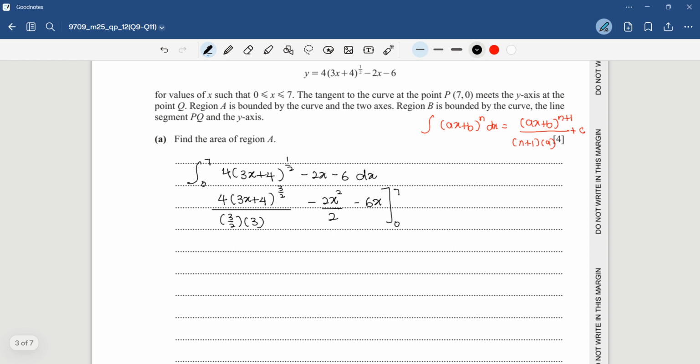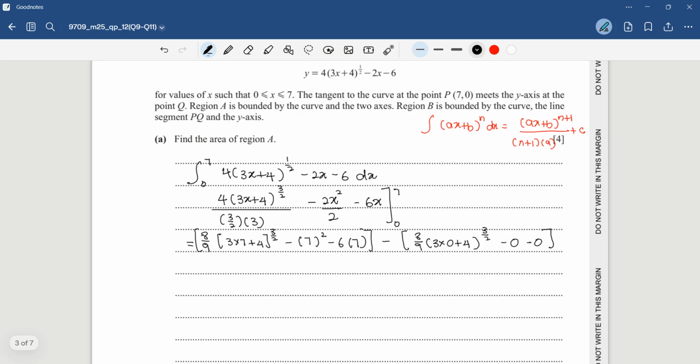Okay, so you sub in. We press this in the calculator, it will be 8 over 9 times (3 times 7 plus 4) to the power of 3 over 2, minus 7 squared, minus 6 times 7, minus 8 over 9 times (3 times 0 plus 4) to the power of 3 over 2, minus 0, minus 0.